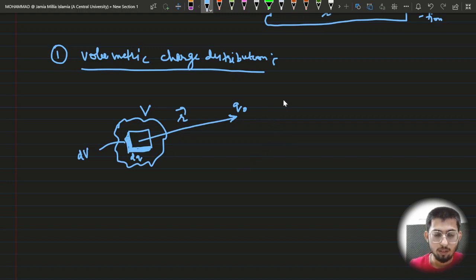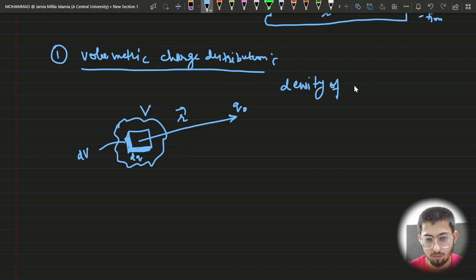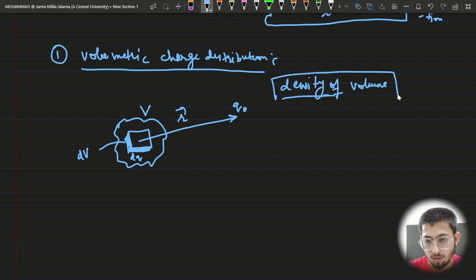So in this case, whenever we have these charge distributions, what we use is the density of whatever distribution we are given. Here we are given density of volume, right? So we use this concept because the density is everywhere same.